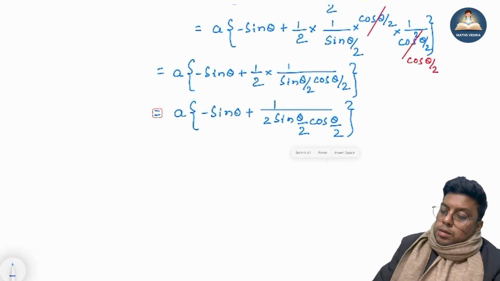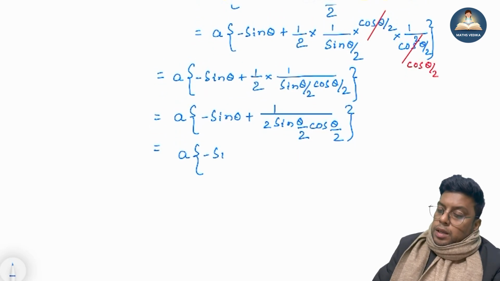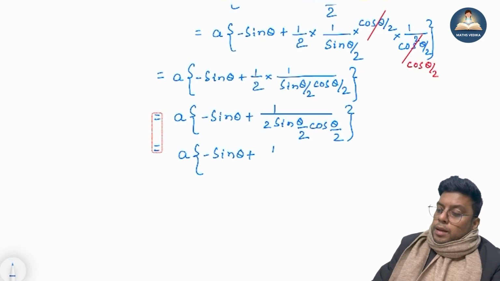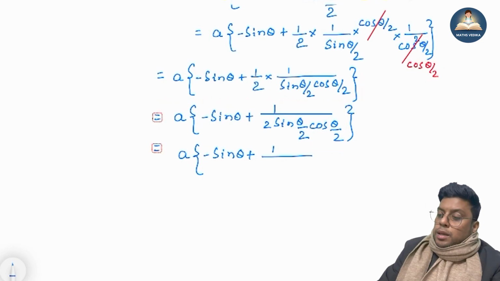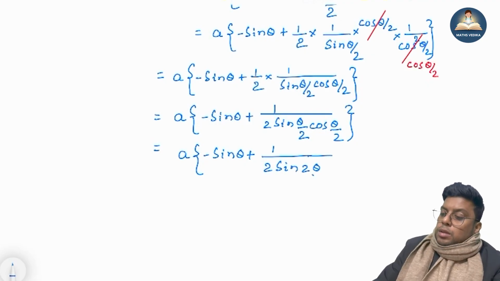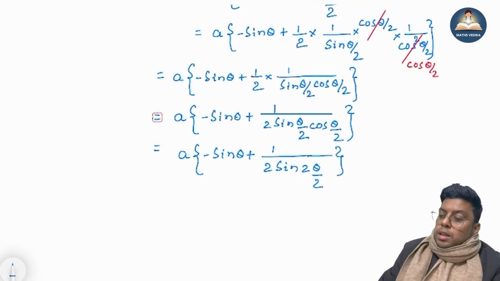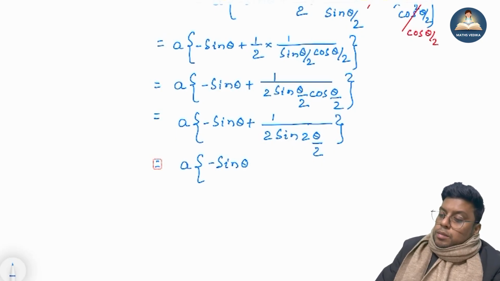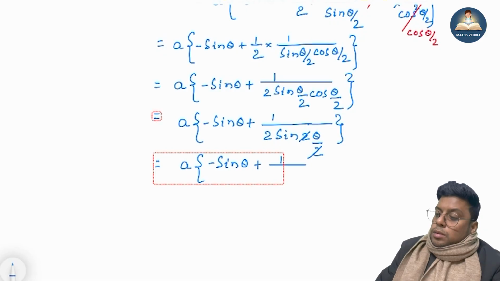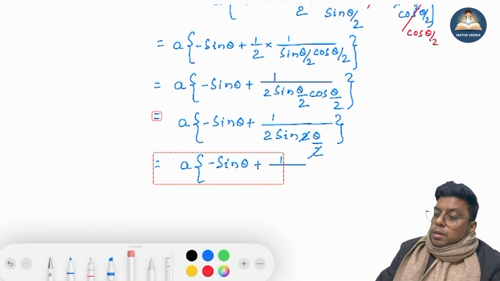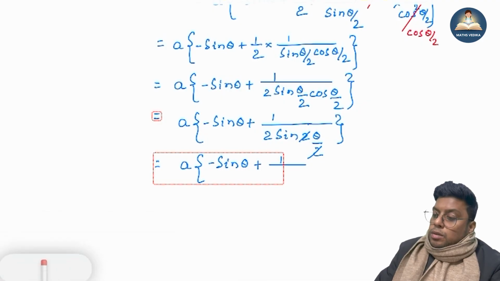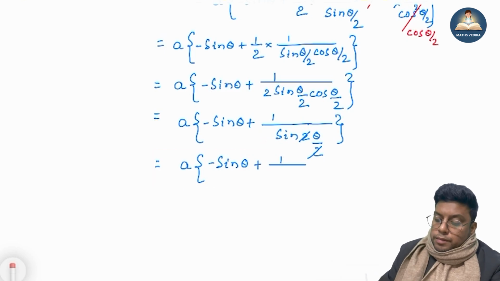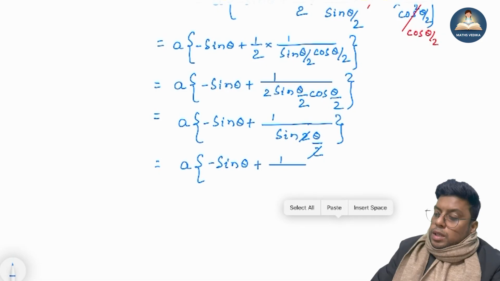Now, by applying the formula sin 2 theta is equal to 2 sin theta into cos theta, 2 sin theta by 2 into cos theta by 2 will be sin theta. So this is minus sin theta plus 1 by sin theta.